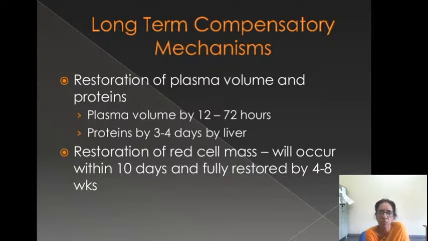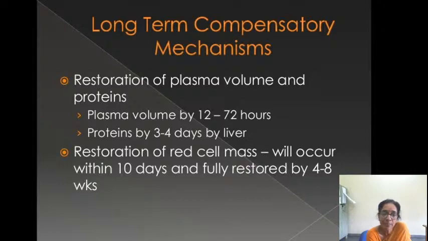So, restoration of plasma volume and proteins: plasma volume will come, water will come from the extracellular fluid within 12 to 72 hours, but proteins like your albumin and others come after the liver synthesizes them and they enter your blood. That will take about 3-4 days by the liver.